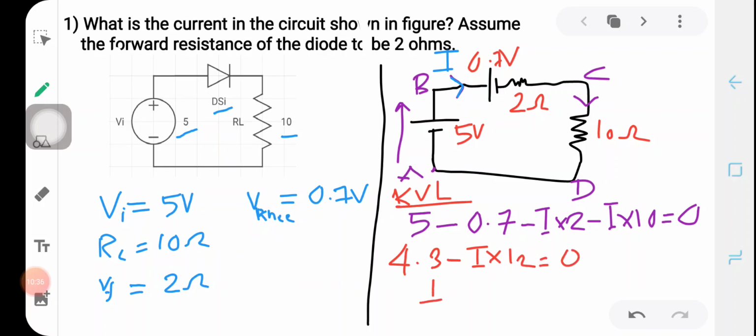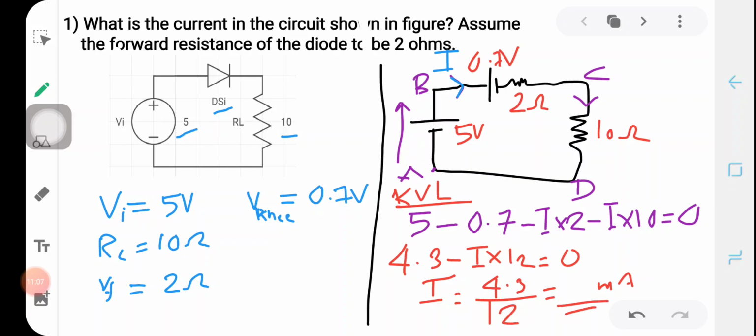Then I will be equal to, sorry, 4.3 divided by 12, which you can obtain as a numerical value and represent in milliampere.